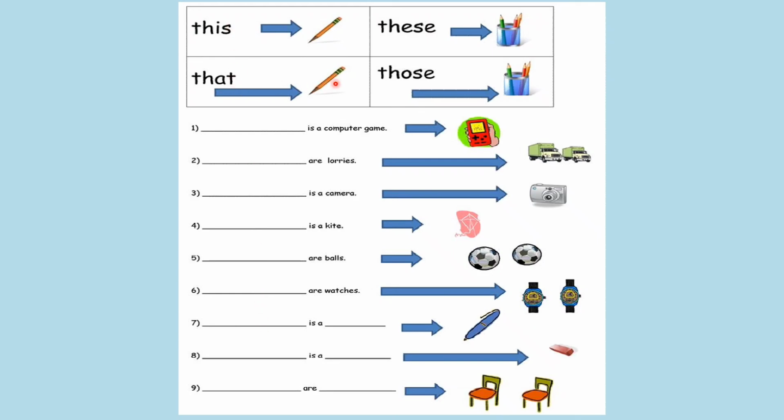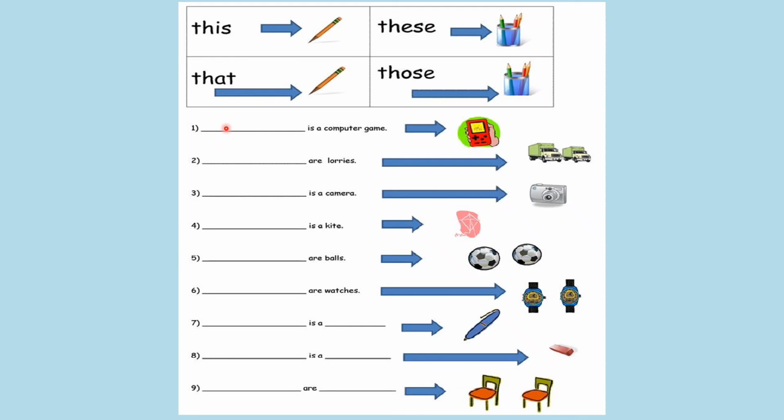You have to write this, that, these, or those. Be sure to write the first letter of the word capital because it is the first word in the sentence.